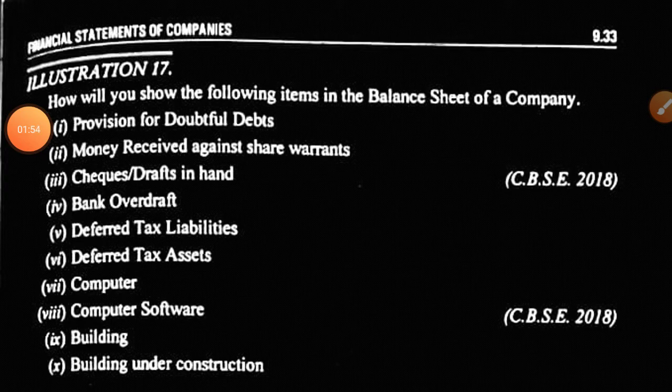Then the next one is computer, it's a fixed asset, tangible assets, so the head will be non-current assets. Remember, the head will be non-current assets and the subhead will be fixed assets, tangible. Okay. Then computer software, it's a non-current asset and it's an intangible asset.